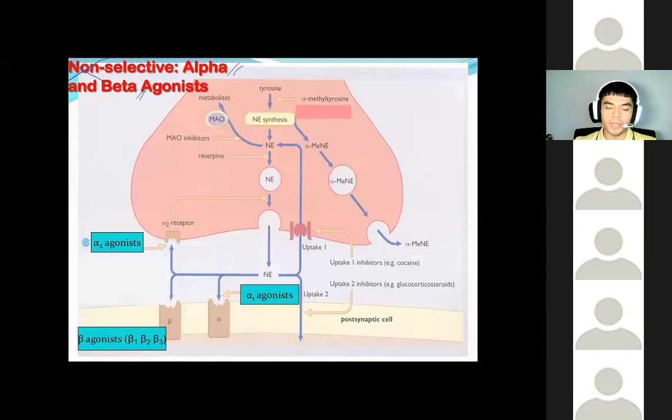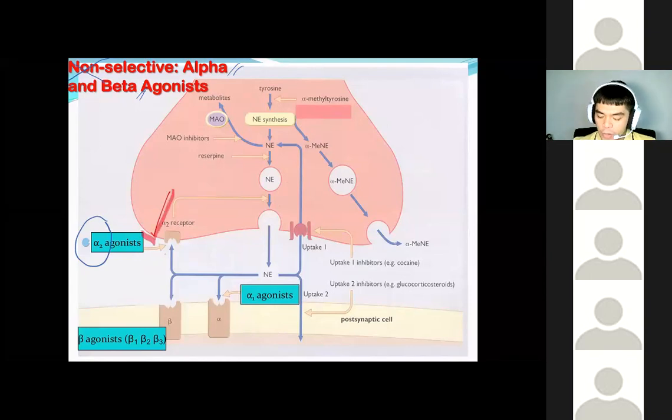For example, for alpha-2 agonists, remember, alpha-2 receptors are presynaptically located. That's why they can activate presynaptic alpha-2 receptors.